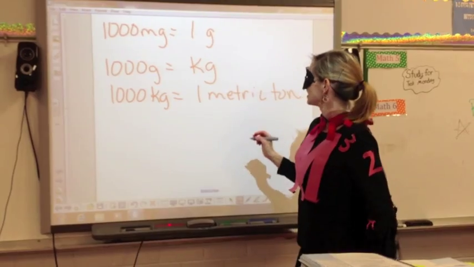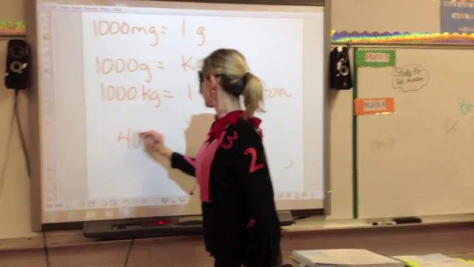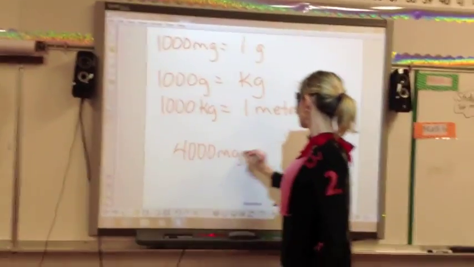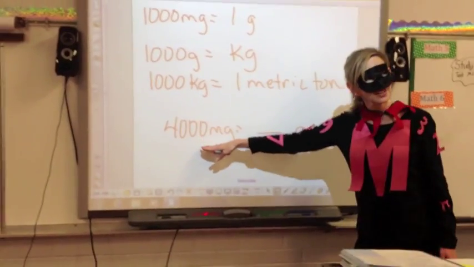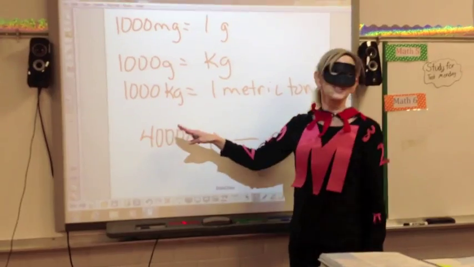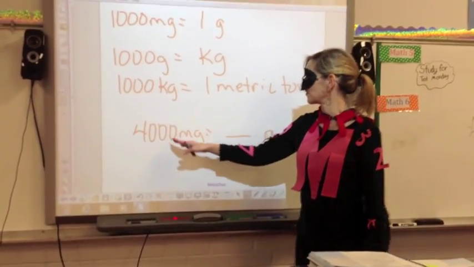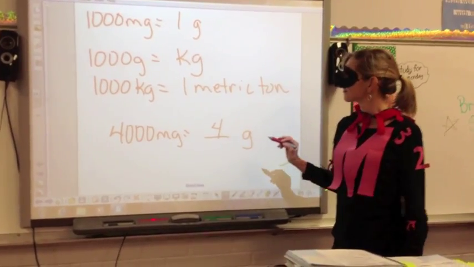Okay, let's do an example. What if I have 4,000 milligrams? How many grams will that be? We're going from the smaller unit to the big unit, so we divide, and there are 1,000 milligrams in a gram. So 4,000 divided by 1,000 is 4.